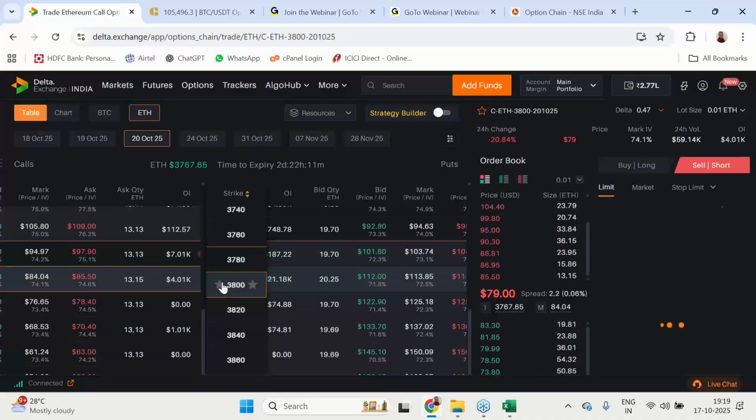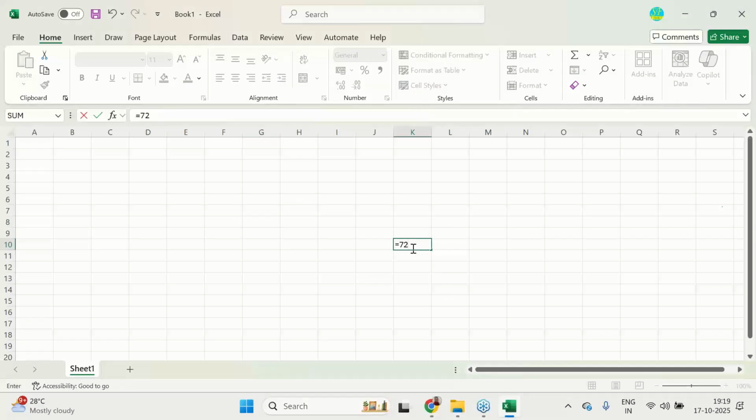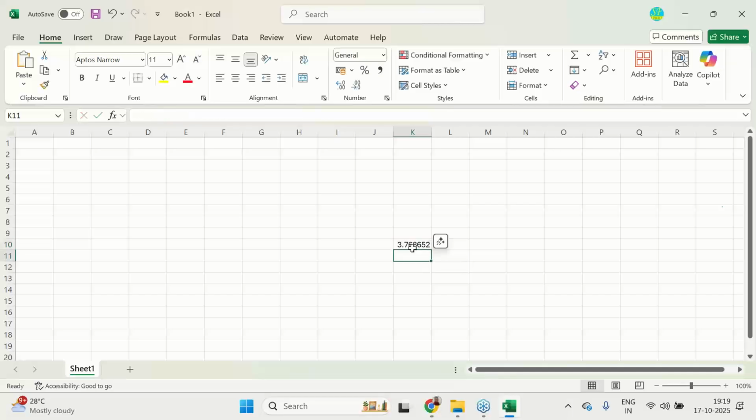Just ITM or just OTM has 71 or 72 as the IV. So this 72 is the IV in percentage; if I divide by the square root of 365, I get 3.76 per day. This is the per day volatility.